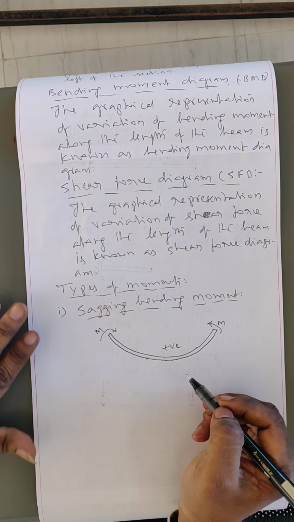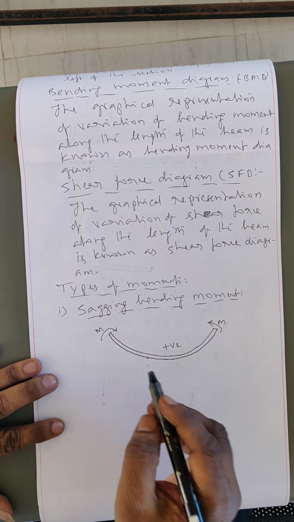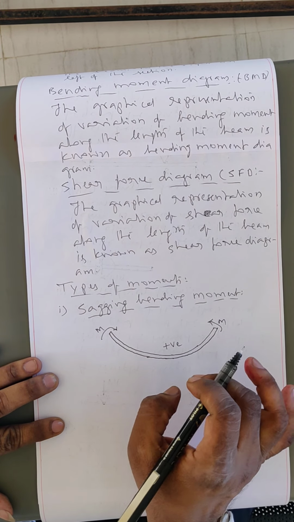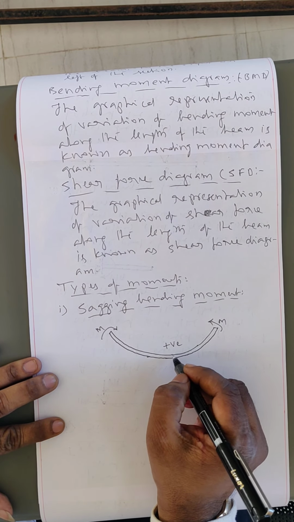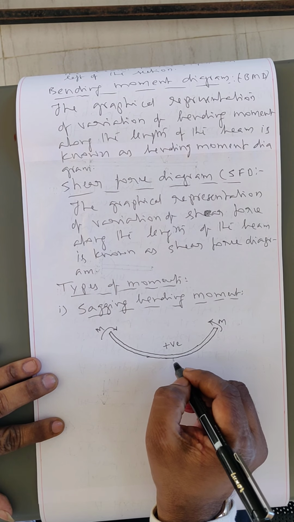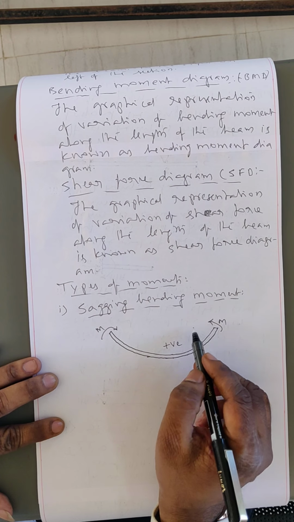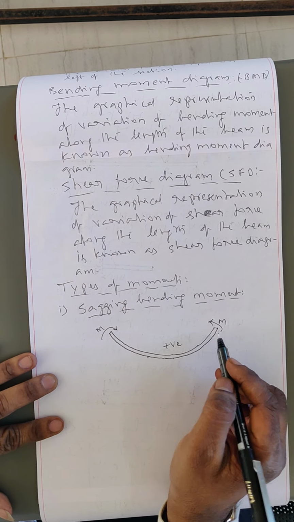Then it is called sagging bending moment. The tendency of the moment is to bend the beam such that concavity is on the upper side and convexity on the downside.